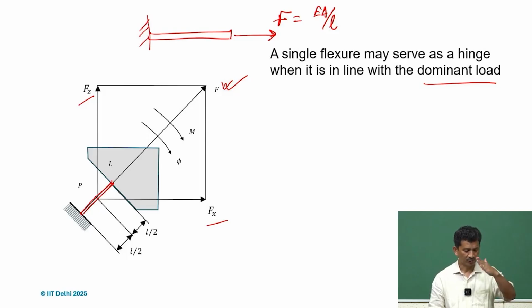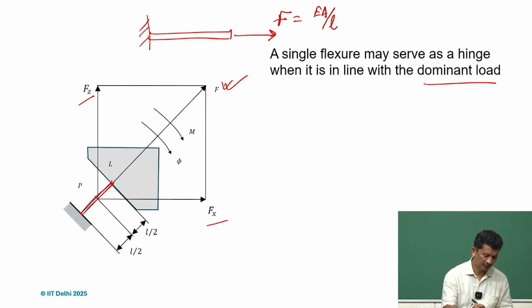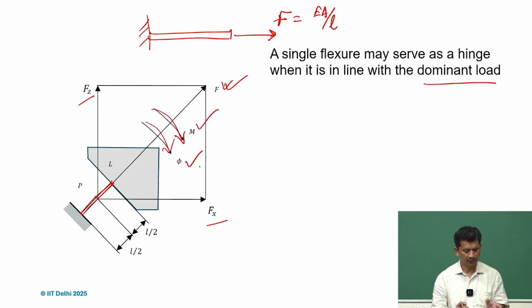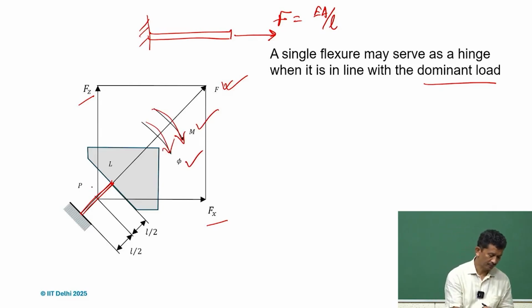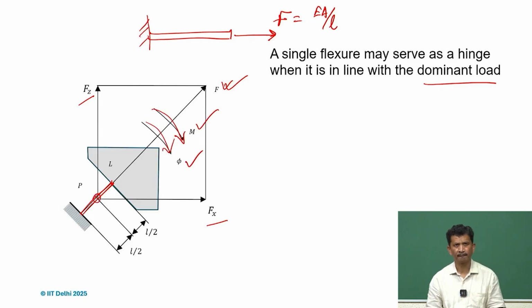So we will orient towards that, and for any kind of moment, there will be rotation phi. And we know if there is a pure bending moment, then P will be here, halfway. So yes, if the dominant load is defined and we know it, and if it's not varying too much, then it's very easy to work with.